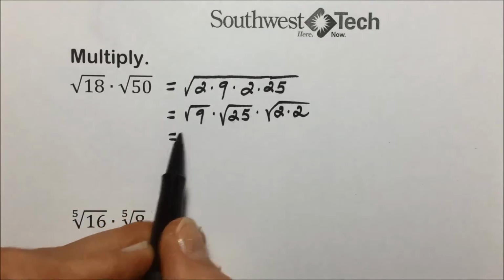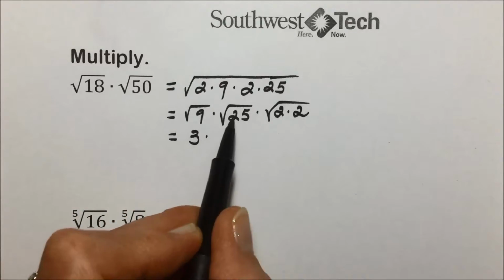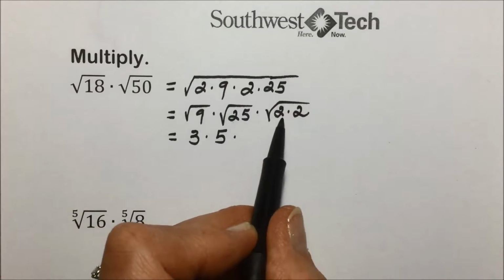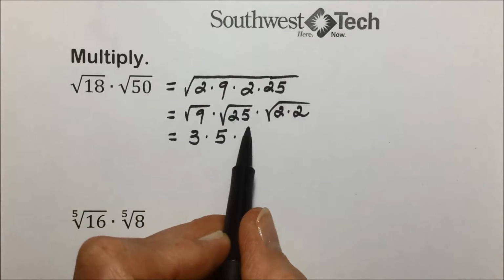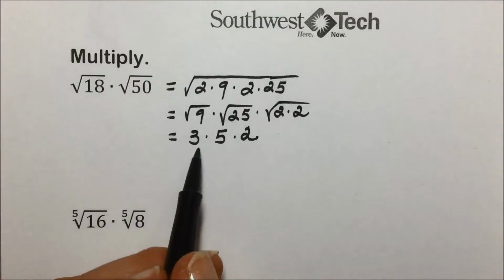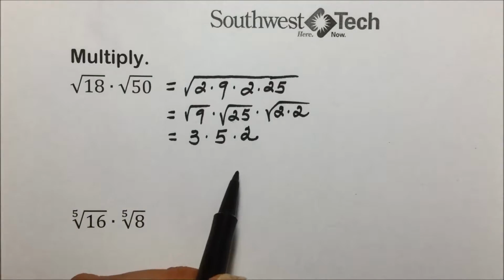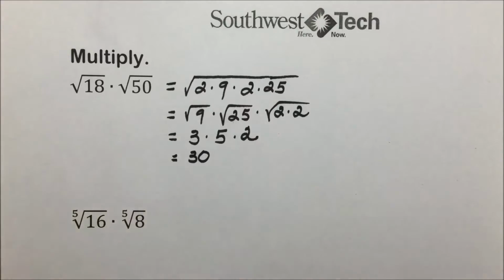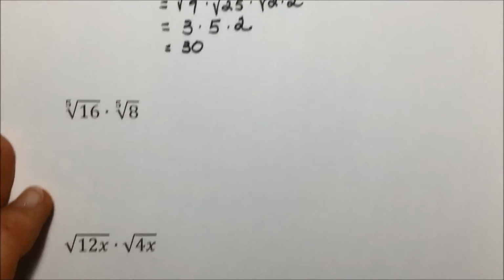Square root of 9 is 3, square root of 25 is 5, and the square root of 4, or having a pair of 2's, brings out a 2 when we simplify the radical. Now it's just a matter of multiplying those numbers together. 3 times 5 is 15 times 2 gives us an answer of 30 for our final answer to this problem.